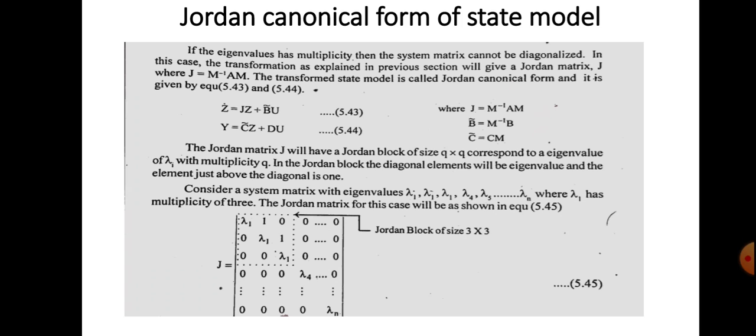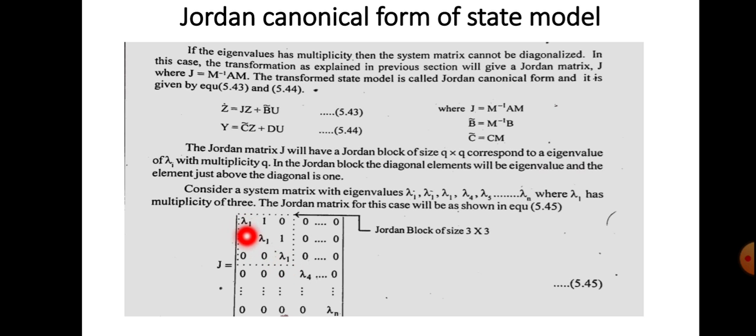Suppose q number of eigenvalues are repeated, then in the case of the Jordan matrix there will be a block of order q by q. That means a section of the Jordan matrix, a q by q order matrix, will represent the Jordan block where the eigenvalues are repeated.